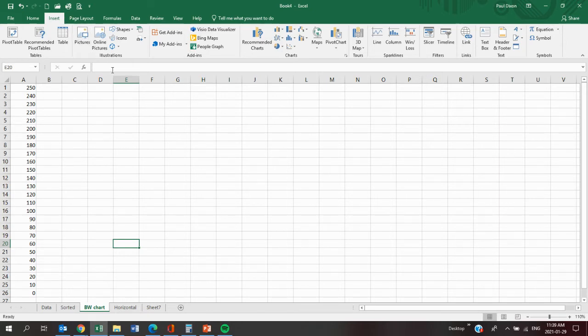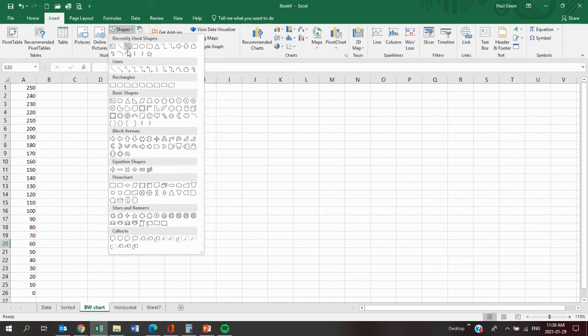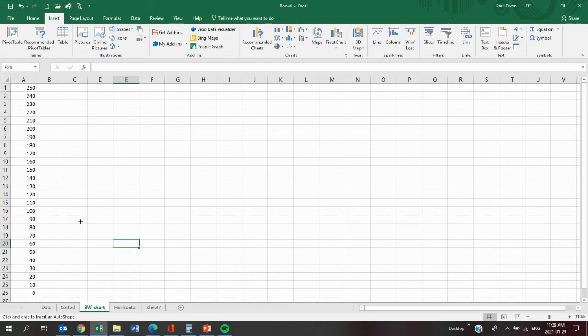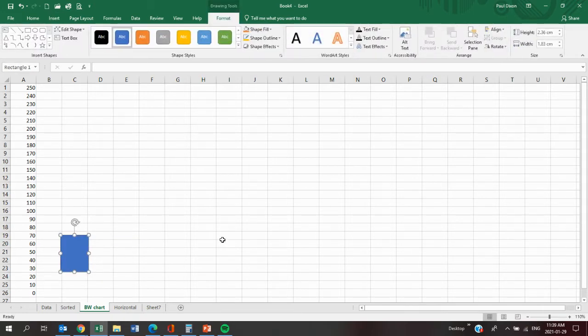You can do this by hand. I'm going to put a box, and my box is going to go, there's 60, 65, so let me start at about here, and I'm going to go down to 30. Okay, and that's the middle 50% of my data.